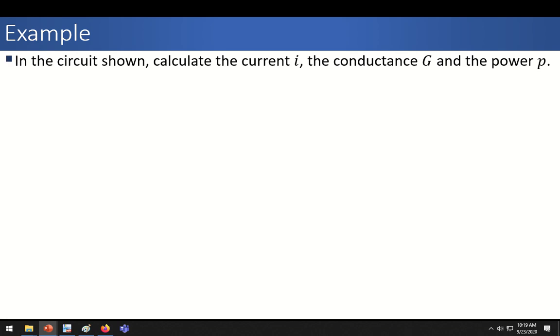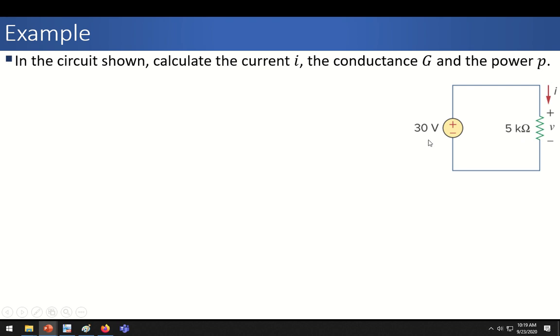So let's see another example. In the circuit shown, calculate the current I, the conductance G, and the power P. So this is the circuit. In this circuit, there are two elements: a voltage source of 30 volt, with positive polarity upside and negative polarity downside. These 30 volts are applied across a resistance whose value is 5 kilo ohm.